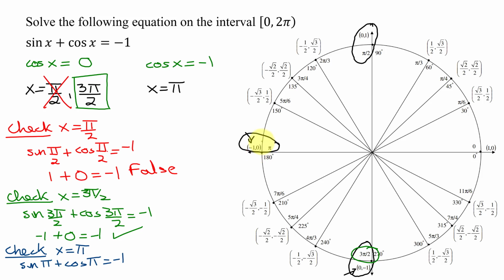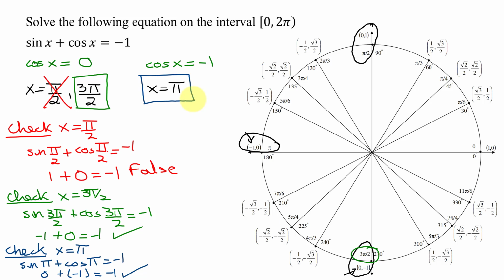The sine of pi is the y-coordinate here of 0. Does 0 plus the cosine of pi is the x-coordinate of negative 1. Does 0 plus negative 1 equal negative 1? That is a true statement. So x equals pi is also a good solution.